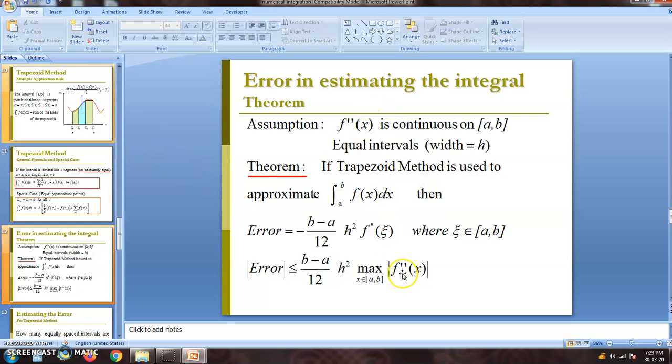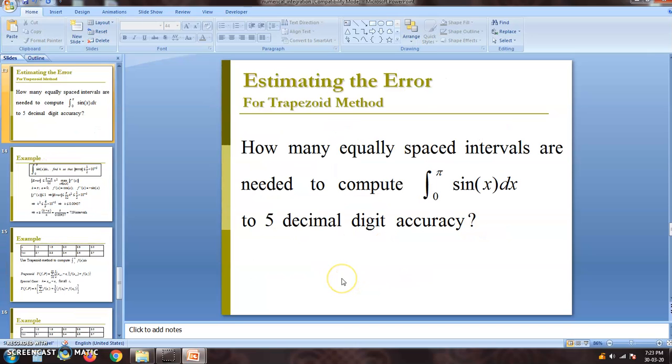Now these slides are showing us the error which is associated with the trapezoid method. We can see that the error could be of order (b minus a) upon 12 times h square, times the maximum of f double dash of x, where x lies in the range of a to b, the range which is given. We should remember that this error needs to be reduced and minimized when we are using multiple data points.